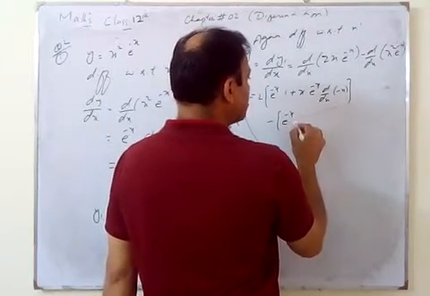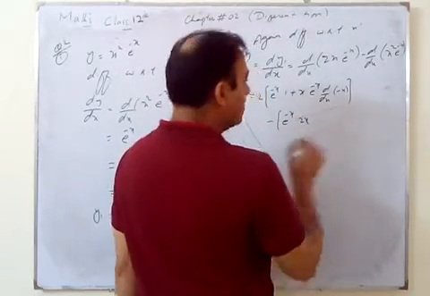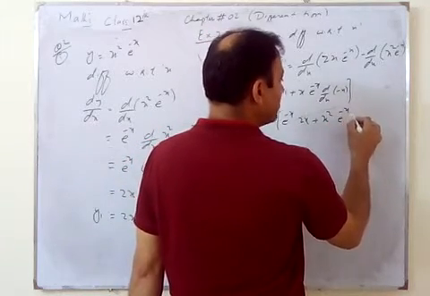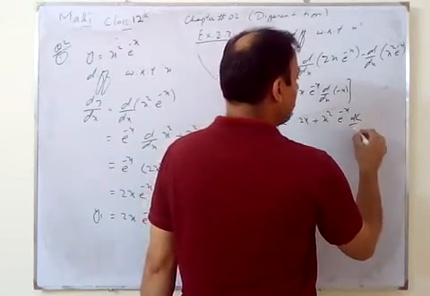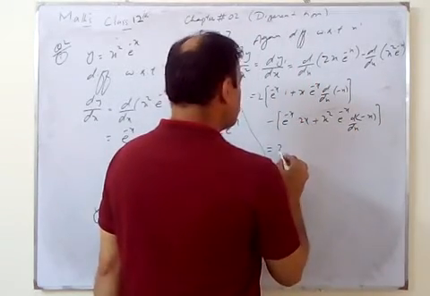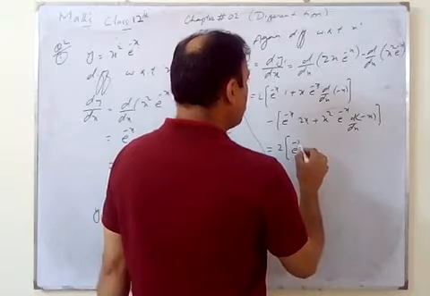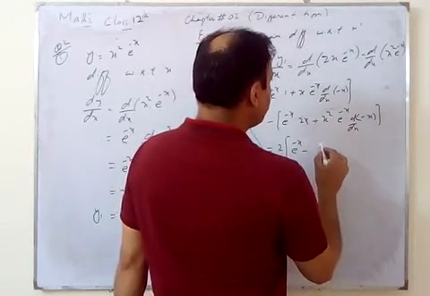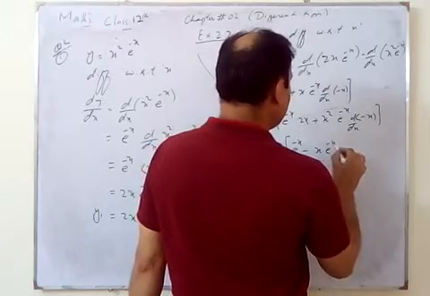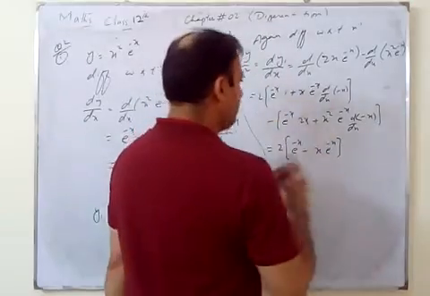For the second term: e power minus x times the derivative of x square, plus x square times the derivative of e power minus x into the derivative of minus x.